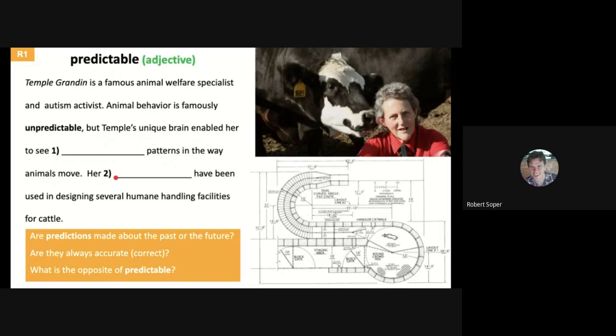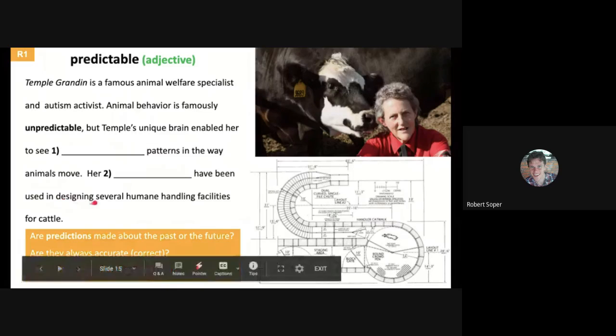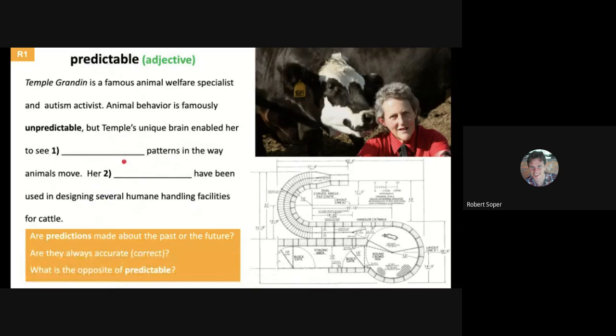Her predictions have been used in designing several humane handling facilities for cattle. So, why predictions with an S? Well, the first thing we need to realize is that what's going to go here is a noun.